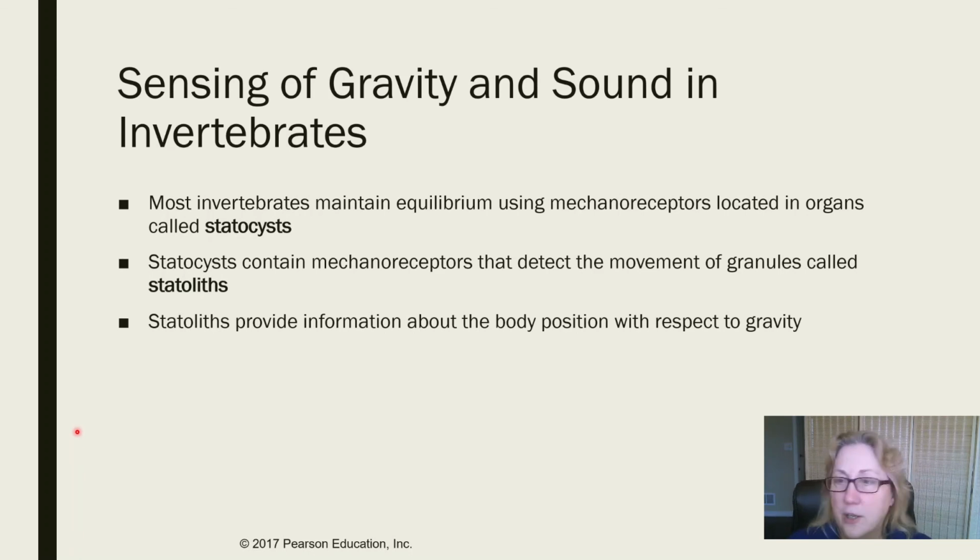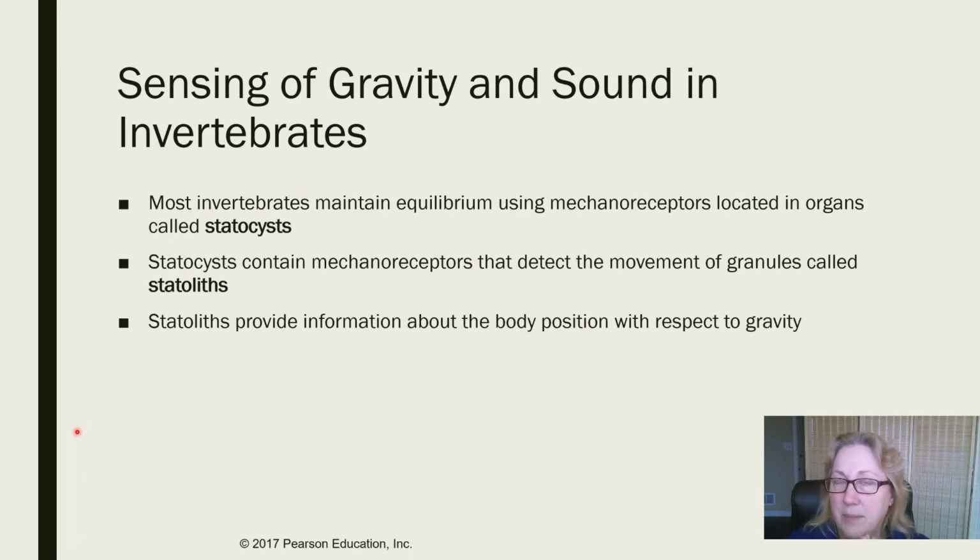And where have we heard before, way at the beginning of the semester, about little statoliths being used to detect gravity? And in fact, that was in plants, if you remember, that roots and shoots detect which way is down and which way is up based on statoliths moving around.